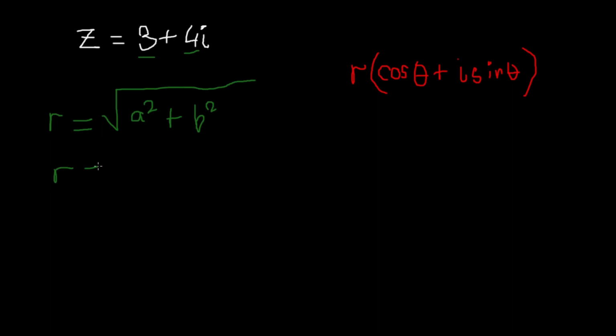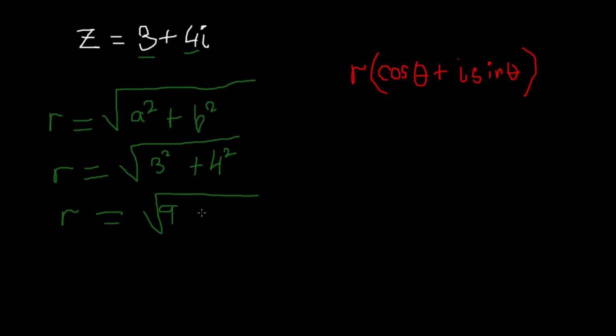So r equals square root of 3 squared plus 4 squared, which also equals square root of 9 plus 16, square root of 25, or 5.